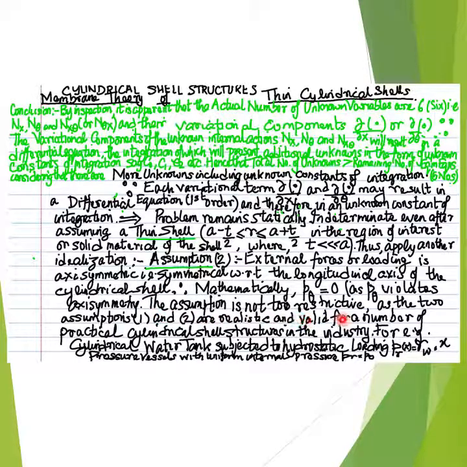In other words, the second assumption of axisymmetrically loaded cylindrical shell is quite general or applicable to most of the cylindrical shell structures that are encountered in the industry, as mentioned in the introduction to the cylindrical shell structure discussed in one of the initial slides.